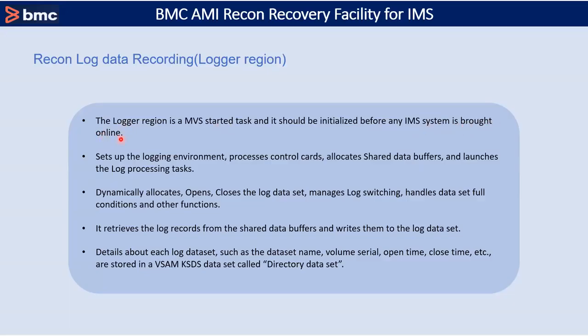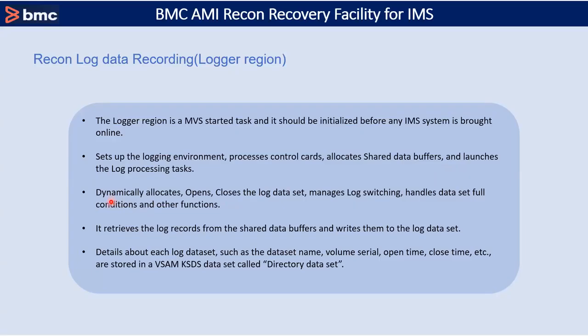The purpose of this logger region is, first, it sets up the logging environment. It processes the control cards, so we'll look at that in the next slide. It allocates the shared data buffers we looked at earlier, where it writes those generated records. And it also initiates some MVS tasks for processing those log records.